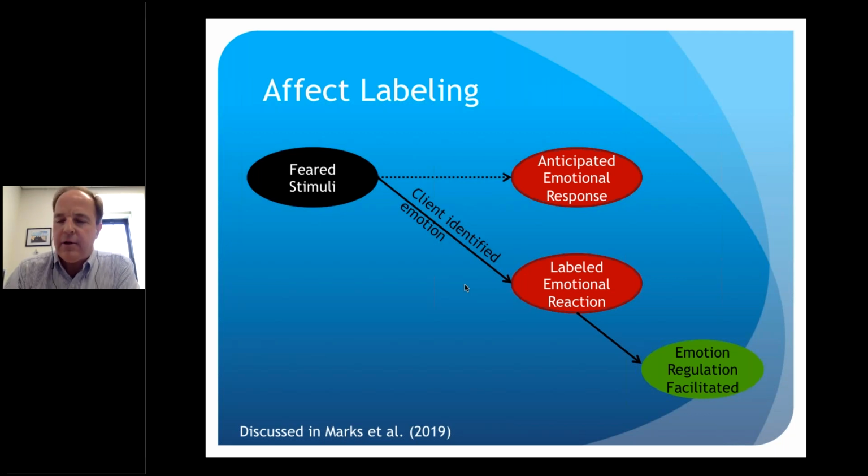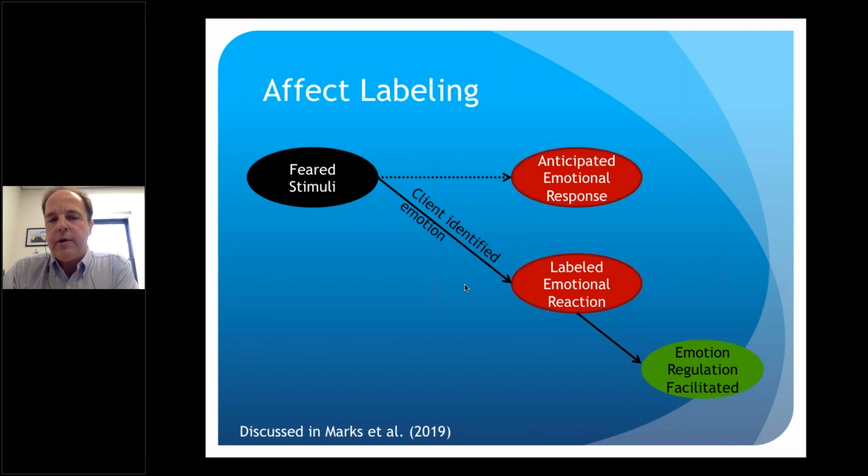And so affect labeling serves a very valuable purpose in helping people to downregulate from where they predict things are going to go. It's also useful, at least in my experience, for diminishing the degree that clients have some kind of post-session adverse emotional reaction.